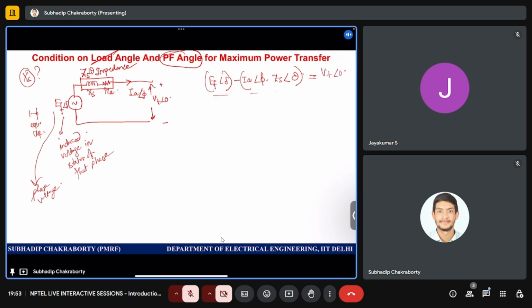What we did: EF minus IA into ZS equal to VT. We can also write like this. Clear, right?